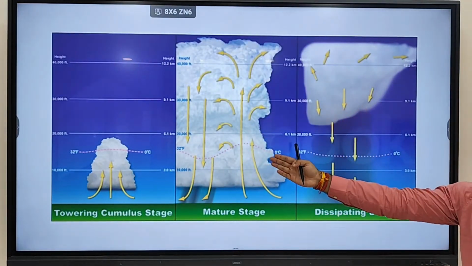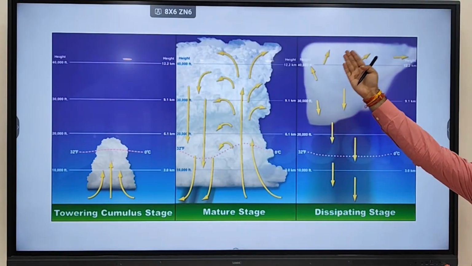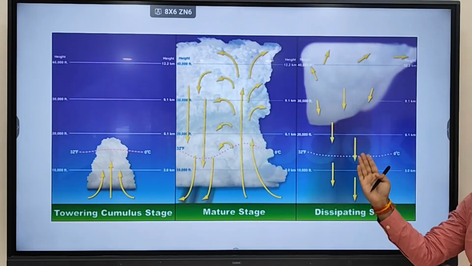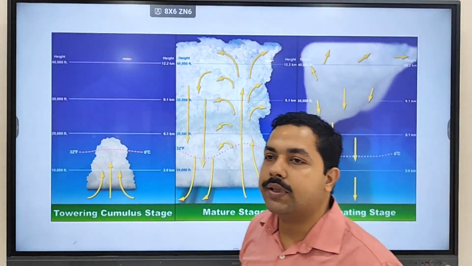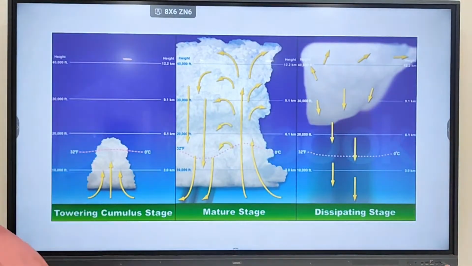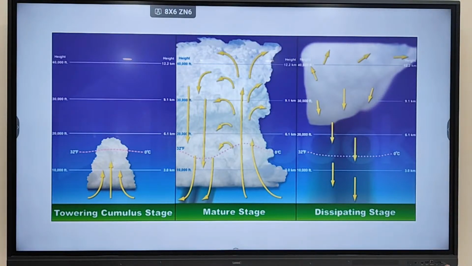Finally, when the air starts to lose moisture, the cloud will dissipate, and this is called the dissipating stage. Clear? So these are the three stages with regard to the thunderstorm. Any doubt? Just quickly make this diagram of the cumulus stage, the mature stage, and the dissipating stage.